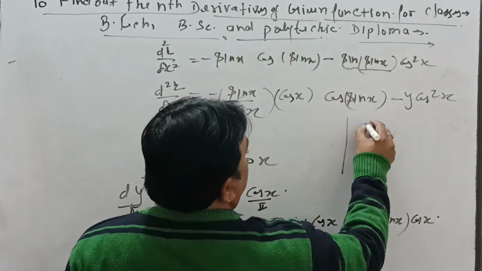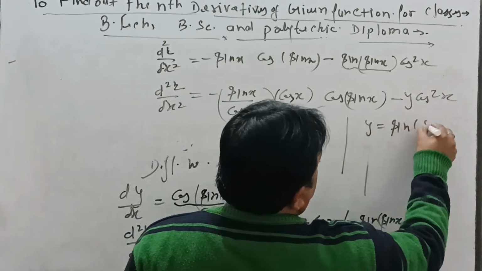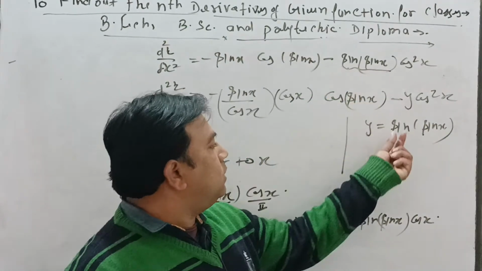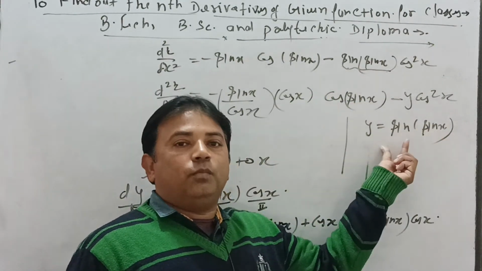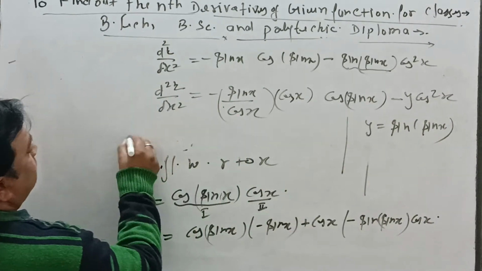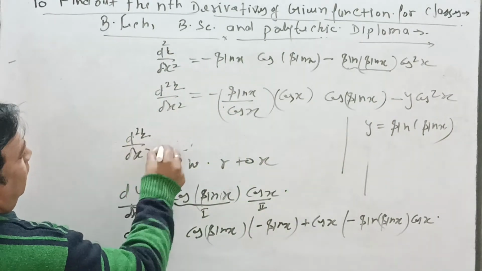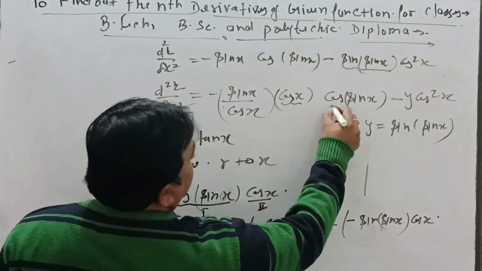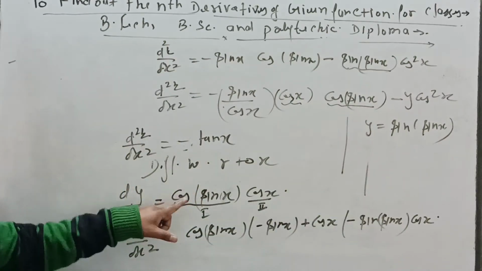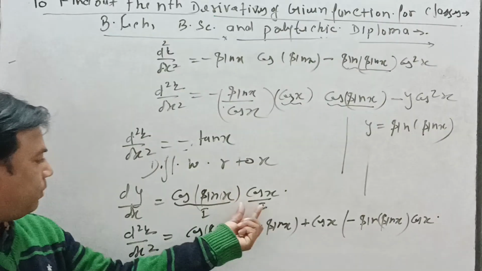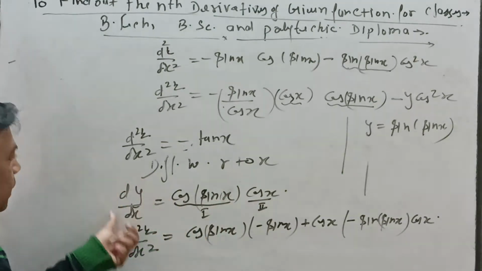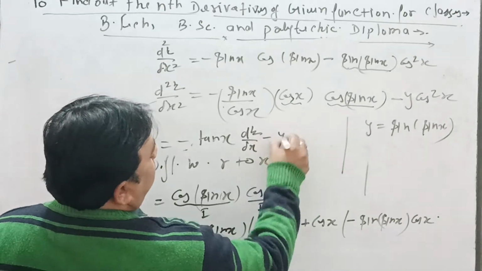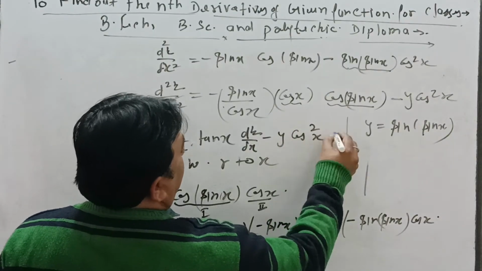We know y equals sine of x, so putting the value of sine x equal to y, d2y over dx2 equals minus tan x times cos x times cos x. Look, the value of cos x is dy over dx, so you write dy over dx minus y cos square x.